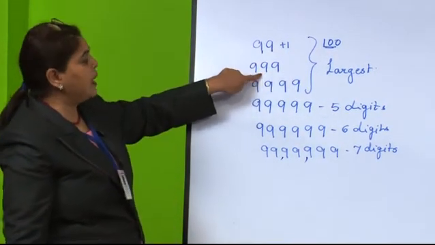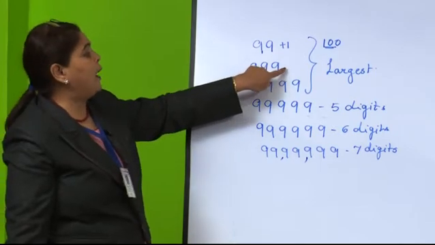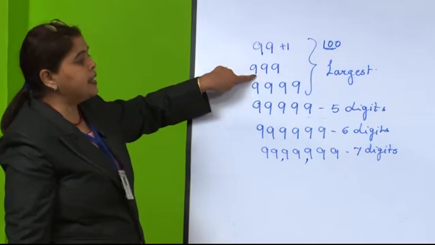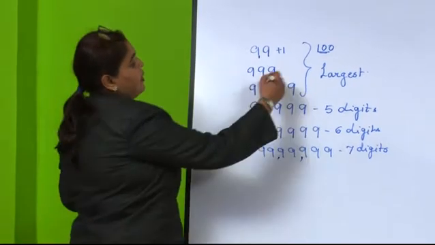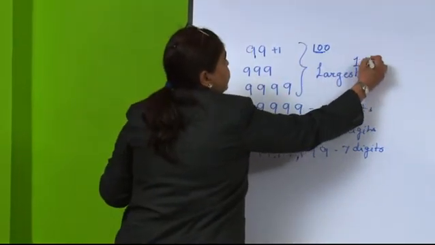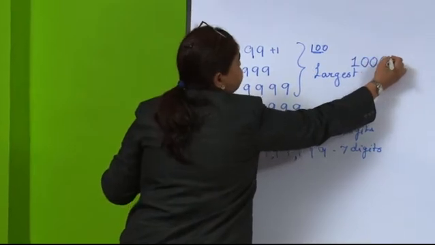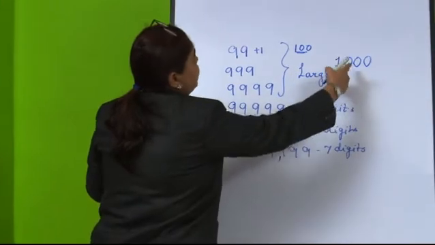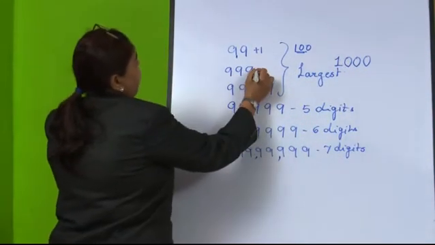Similarly, what will be the answer when you add 1 to 999, a 3 digit number? Your answer will be a 4 digit number. Am I right? 1000. It is a 4 digit number because we are adding 1.